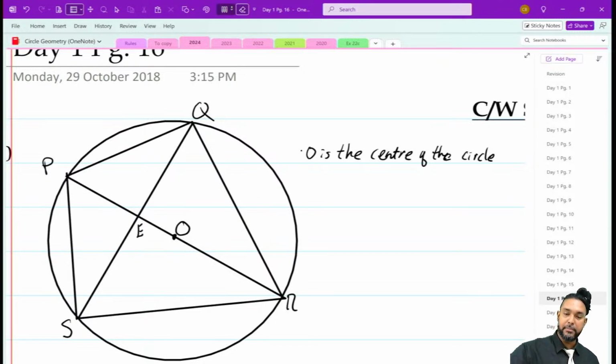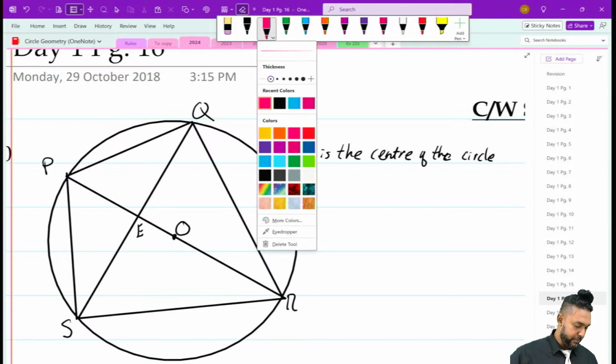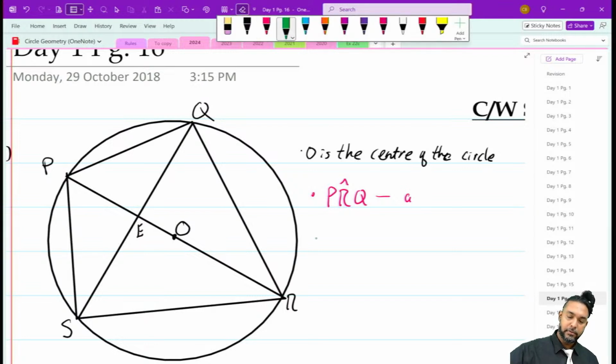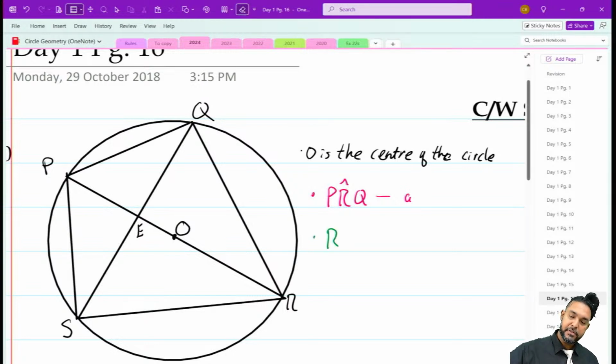Okay, so we have a couple of marked angles. Let's see what they want us to find. We have to find PRQ, let's call that small a. We also have to find RPS, which we will call small b.